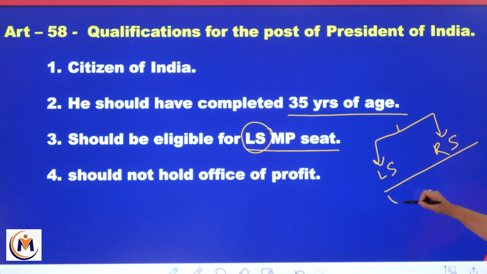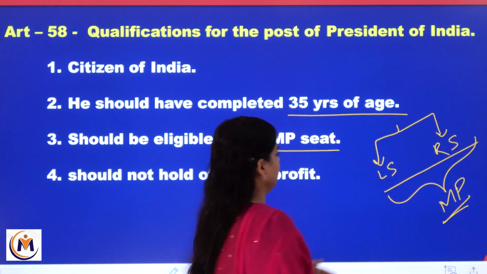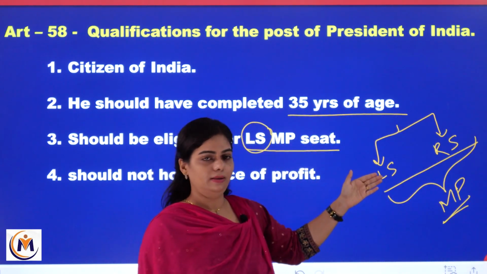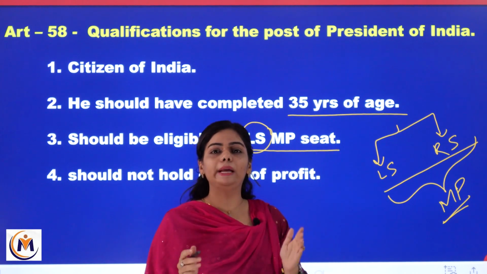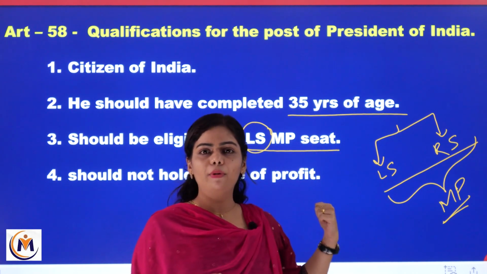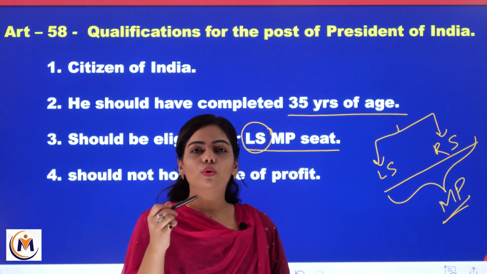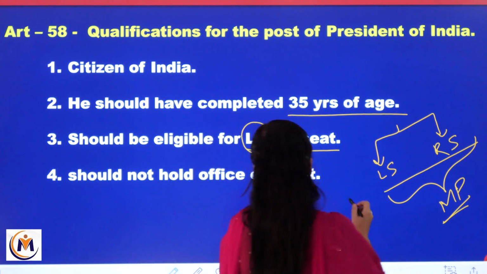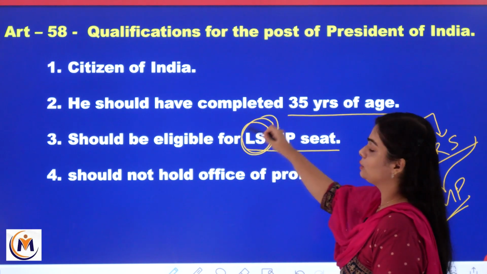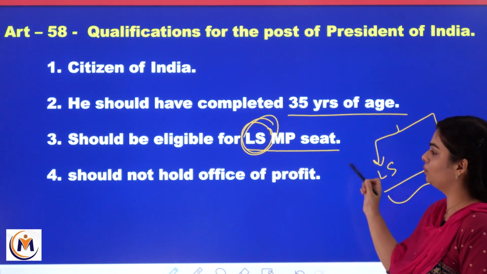They are collectively called members of parliament. So this option of UPSC, that he should be eligible for being an MP, member of parliament, was incorrect. So this is how questions become tricky. This very point of Lok Sabha has to be kept in mind, very crucial.